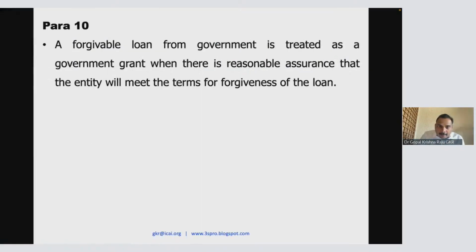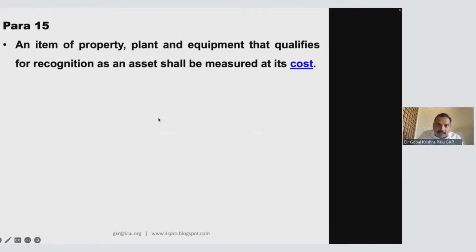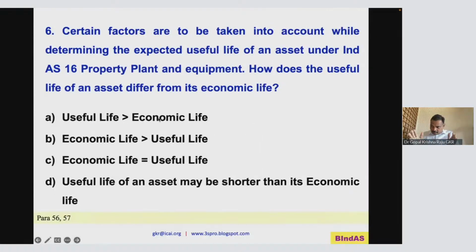Please come to this para. Therefore, useful life may be shorter than economic life. Now, why has the word may come? Please understand one thing. I may buy a machine, and I may use it for the entire economic life also. 10 years means 10 years I use it. So economic life and useful life can be the same. C is also correct.